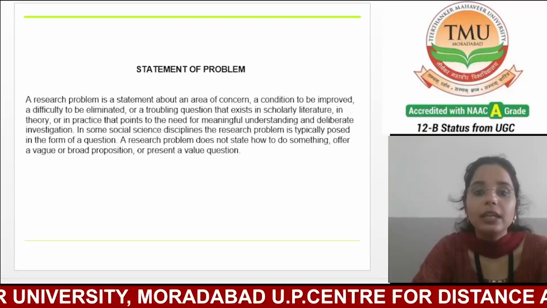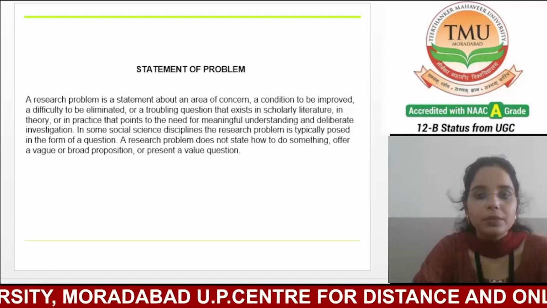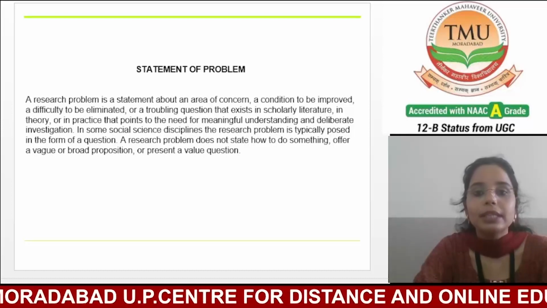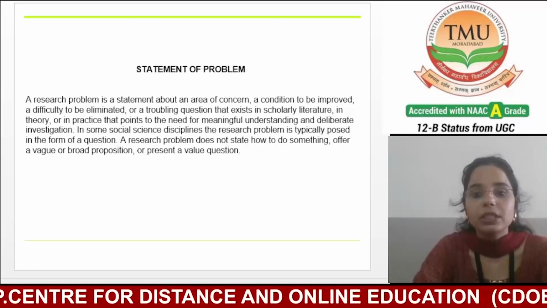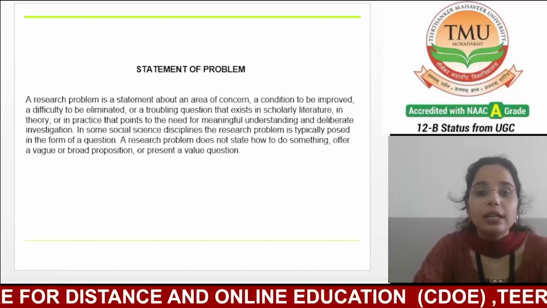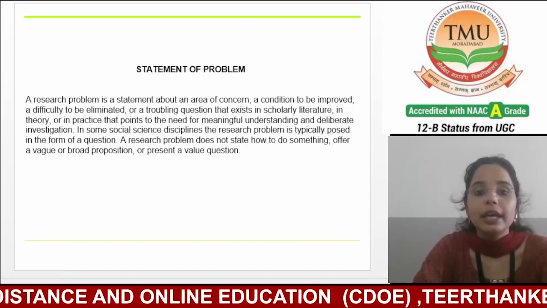By clearly articulating the problem, the researcher also lays the groundwork for the research questions or hypothesis, giving the reader a clear sense of what the study aims to investigate.